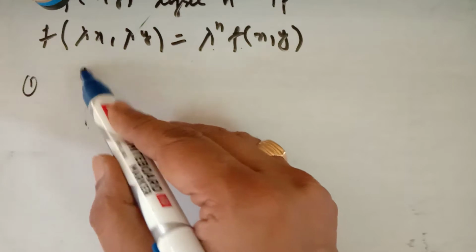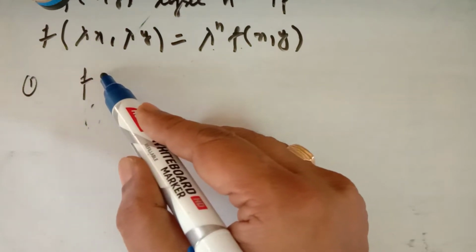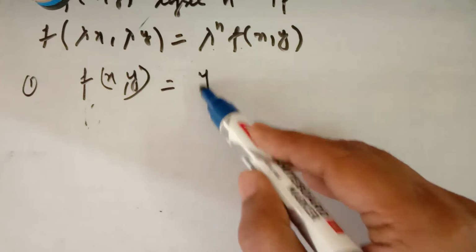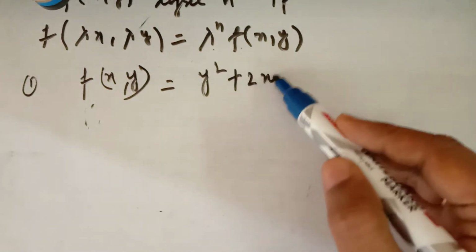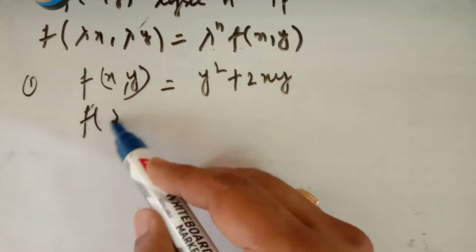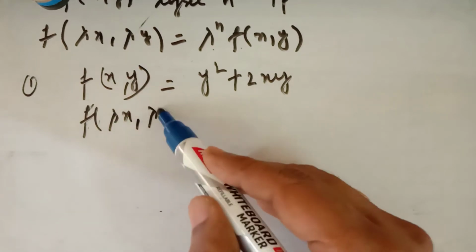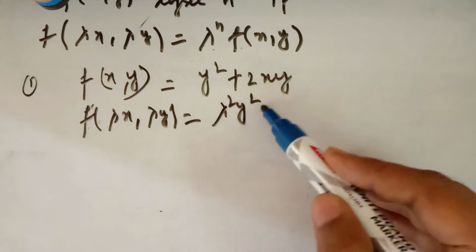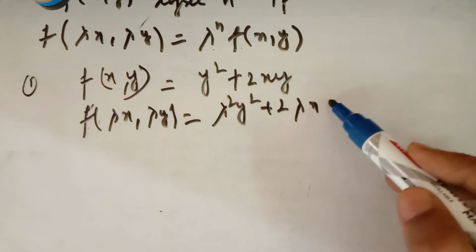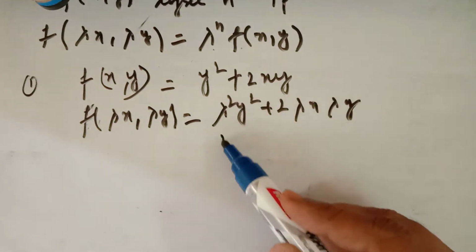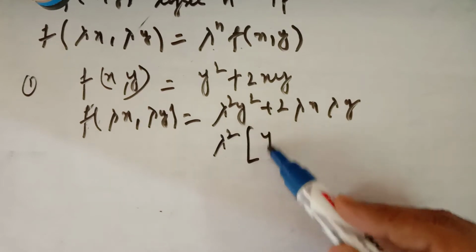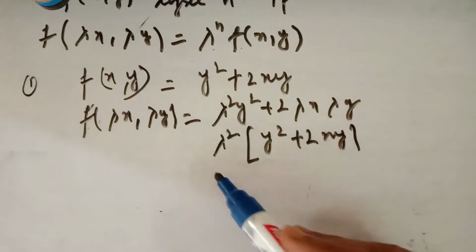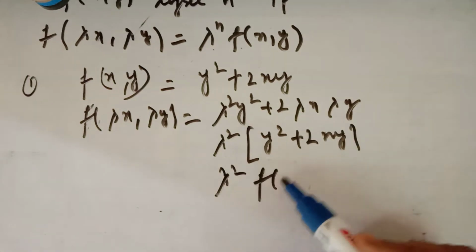Suppose we have f(x,y) as a function of x and y, and if I replace x with λx and y with λy, it comes out to be λ square y square plus 2 λx λy, and you get λ square common, 2xy, which is λ square f(x,y).